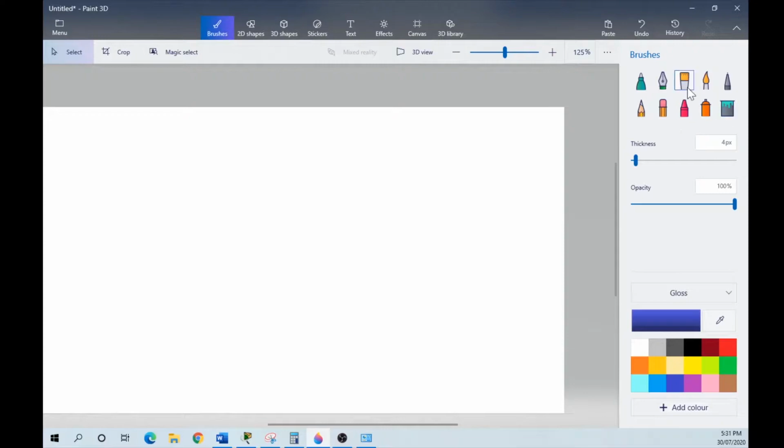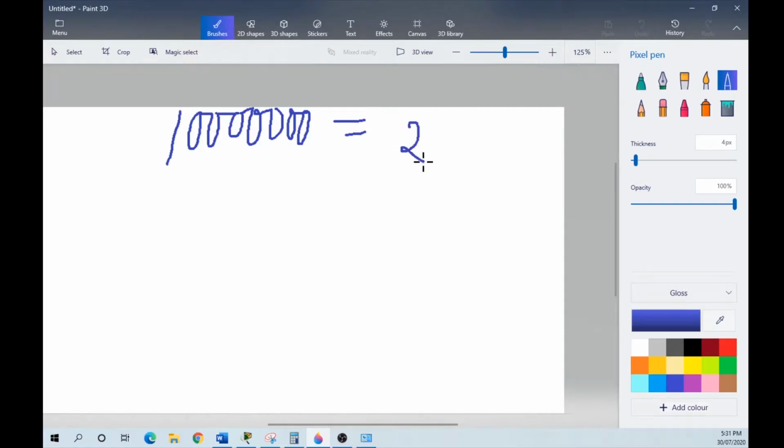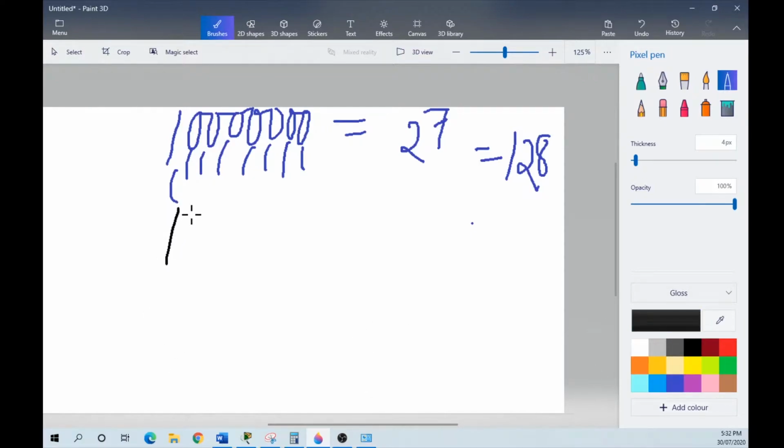For example, if I pick the number 1 and then 0, 0, 0, 0, and so on, the 1 is 2 to the power 7. We count 2 to the power 0, 1, 2, 3, 4, 5, 6, 7, like that. So it would be 128.